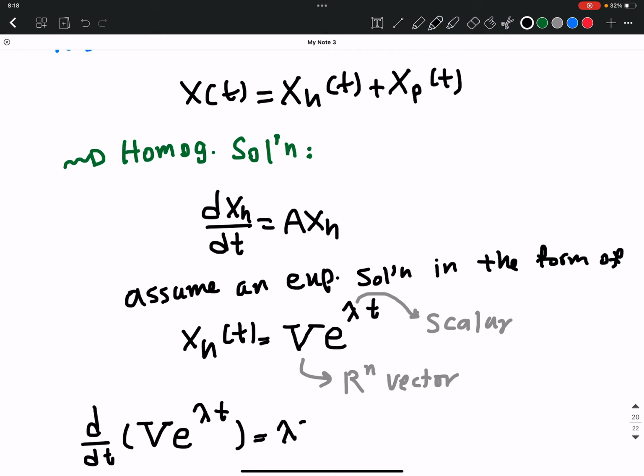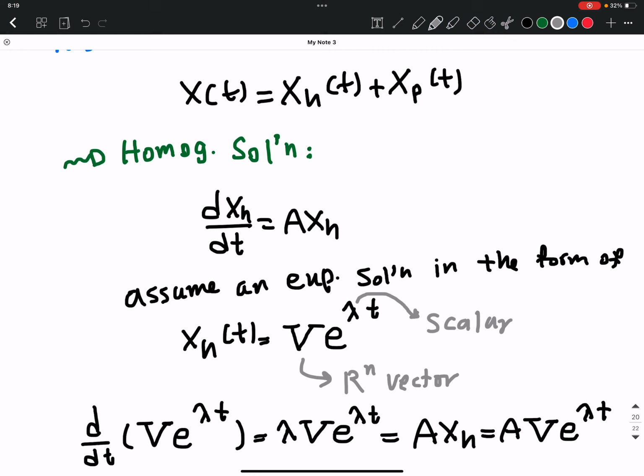So lambda times v e to the lambda t is the left hand side, and it equals my right hand side, which is A x_h, in this case A times v times e to the lambda t.